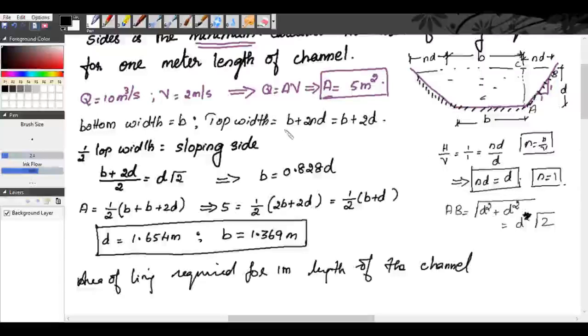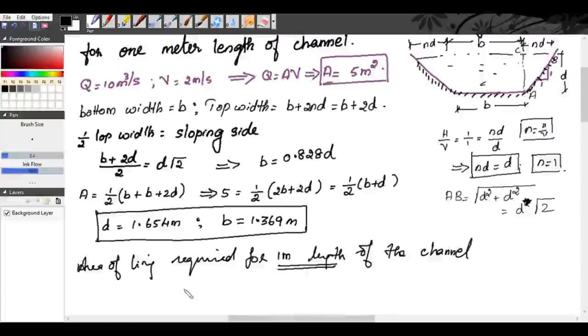So first of all, we need to find the wetted perimeter. So area of lining required for 1 meter length of the channel is equal to wetted perimeter multiplied by length. So here it is 1 meter, right?